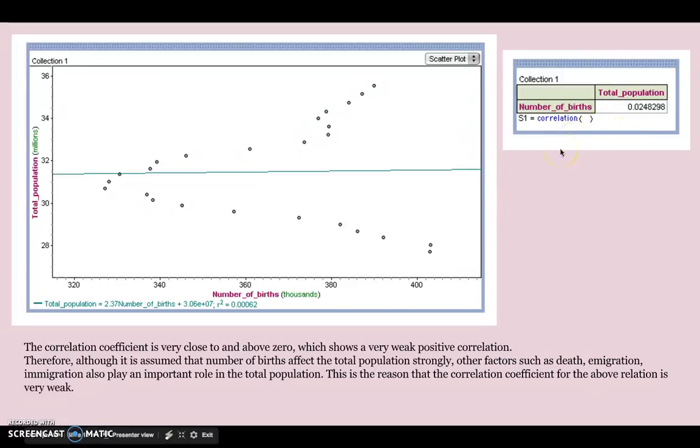Therefore, although it is assumed that the number of births affects the total population strongly, because of other factors such as immigration, which play an important role in the total population, there is really no obvious trend here. And this is the reason that our correlation coefficient is very weak, close to zero.